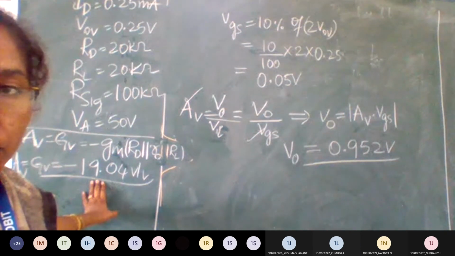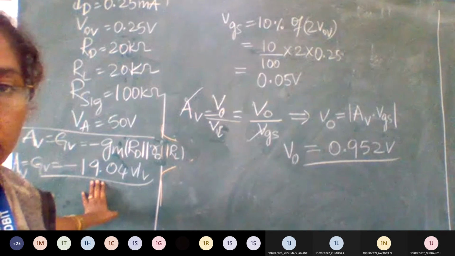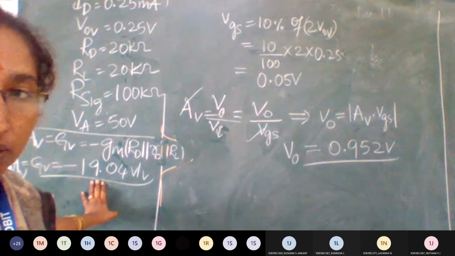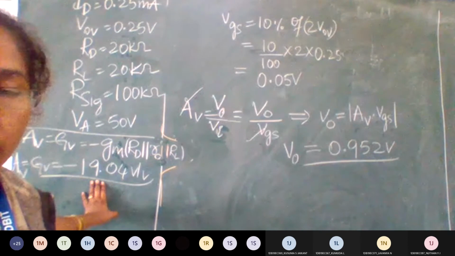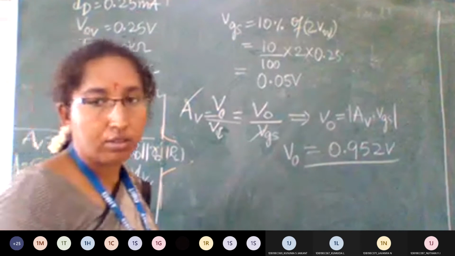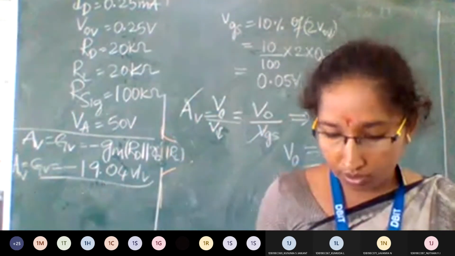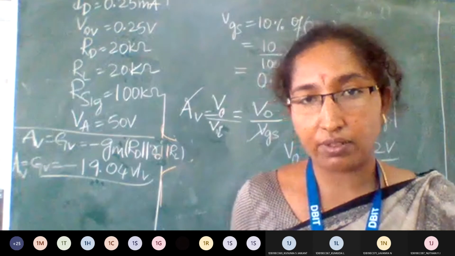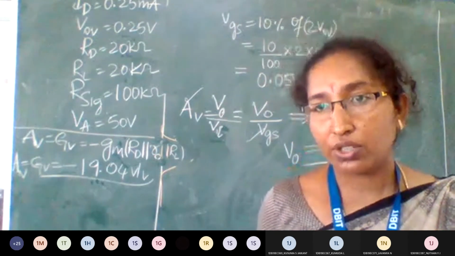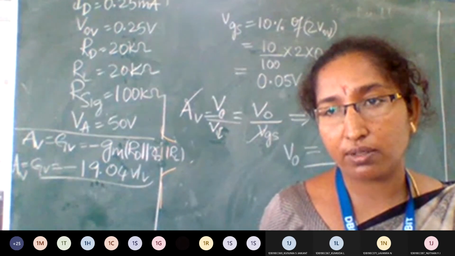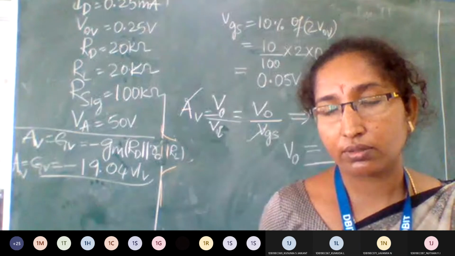How many of you got minus 19.04? Only three solved. Kavya, fine. Isha, Purnima, good. Okay, Lavanya, just cross check once, because even I got the same answer. Yes, Kusuma, very good. Hemashri. Lavanya, cross check once. Jayant.